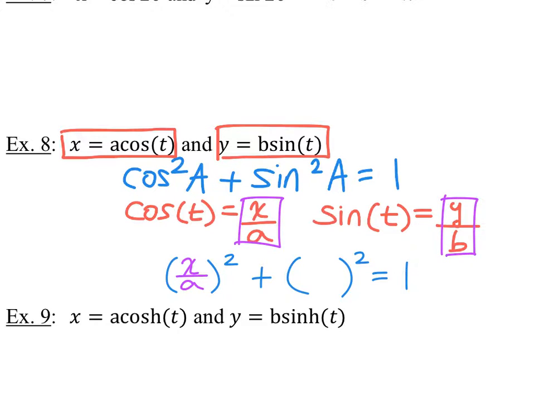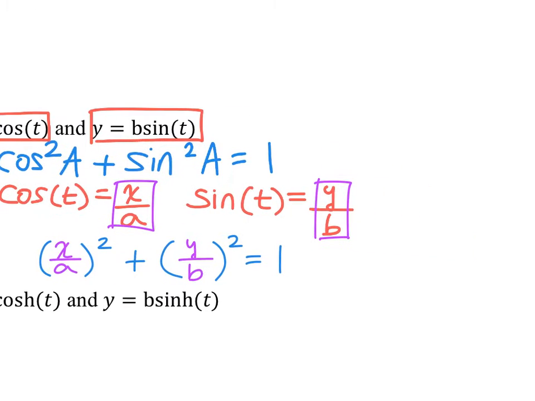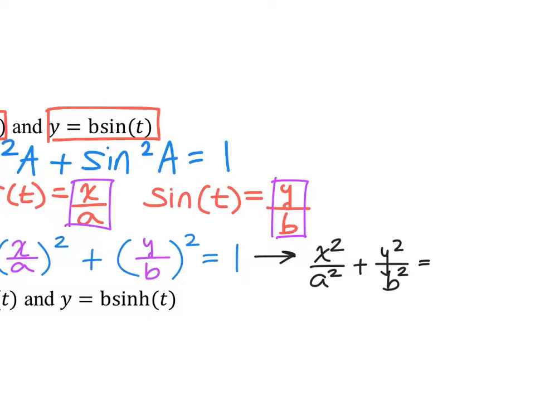And the sine is going to get replaced with a y over b. Now, I know I said before that you don't simplify unless you're told to, but this is one of those cases where I can't resist. So x squared over a squared plus y squared over b squared is equal to 1.